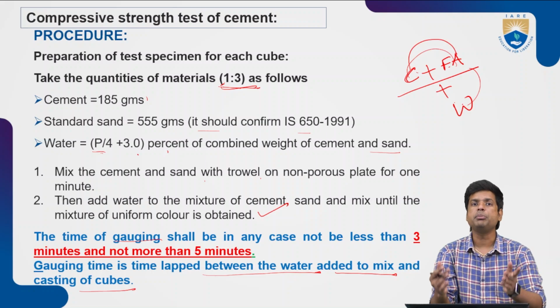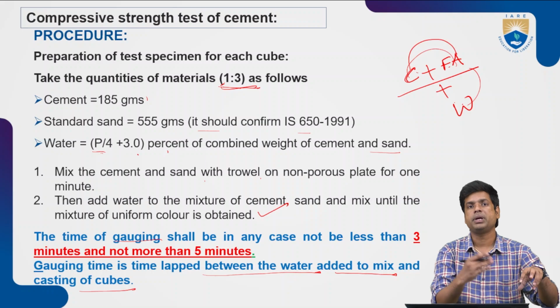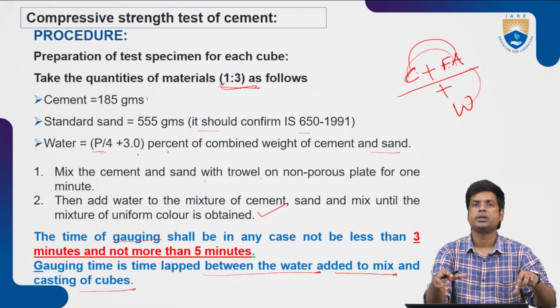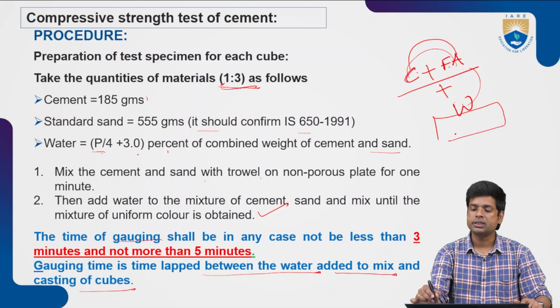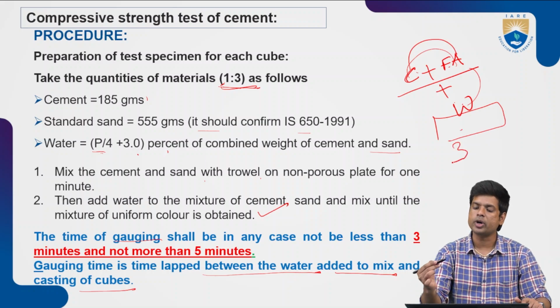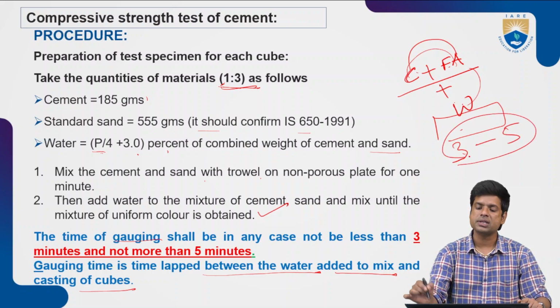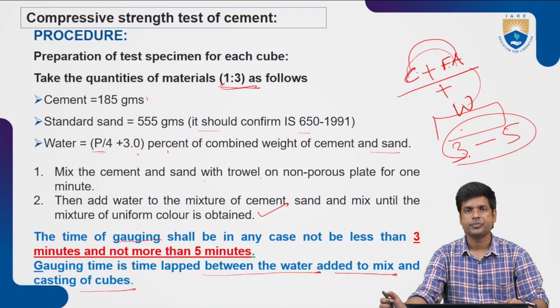The time taken between these two activities should not be less than 3 minutes or more than 5 minutes. It should be 3 to 5 minutes, and this is called the gauging time.